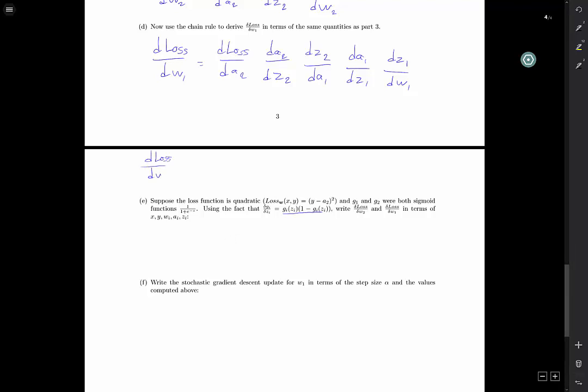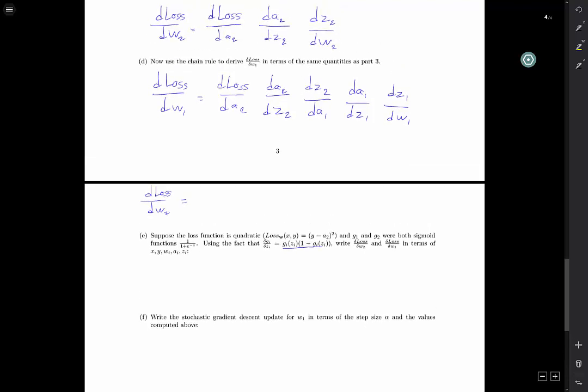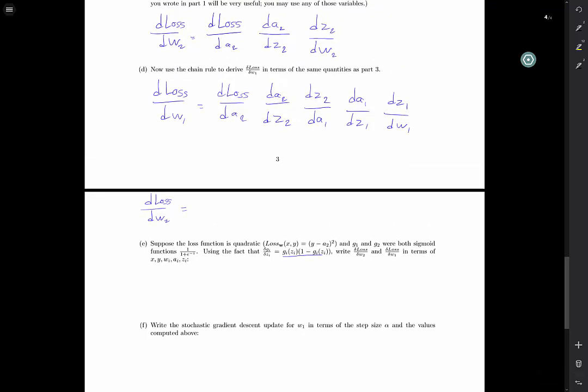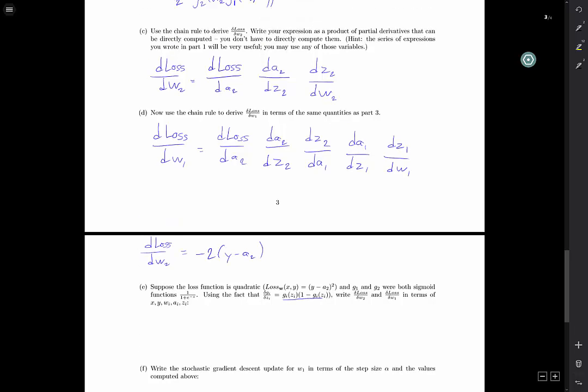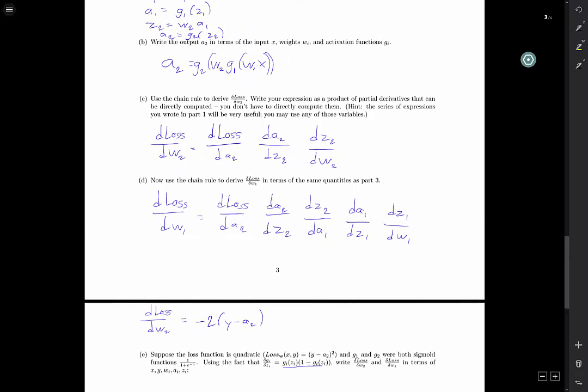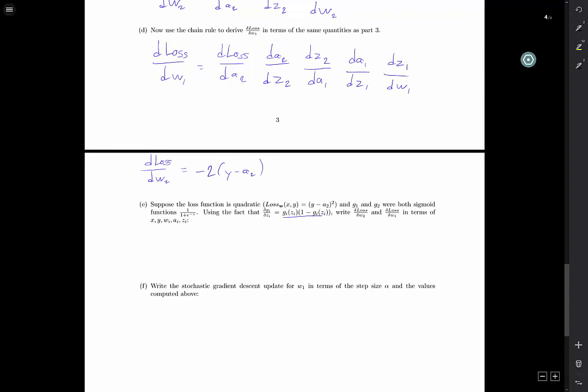So d loss dw2. If we look above, what's d loss dA2? Well, that's going to be minus 2 times y minus a2. Now, what's the derivative of a2 with respect to z2? We look here, and it's the derivative of g with respect to z, which they give us right here. So that's going to be g2 of z2 times 1 minus g2 of z2.